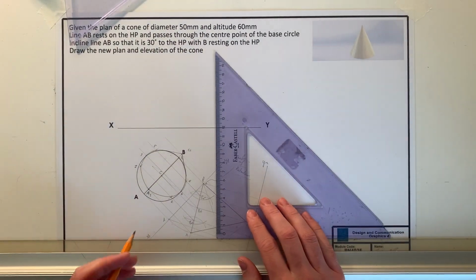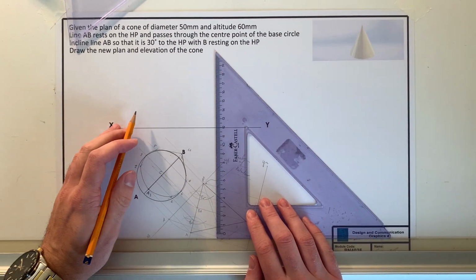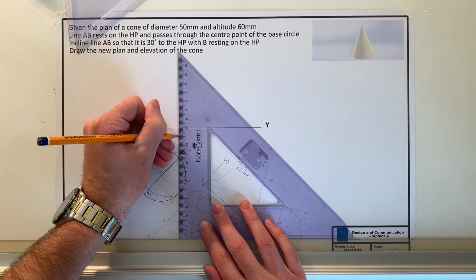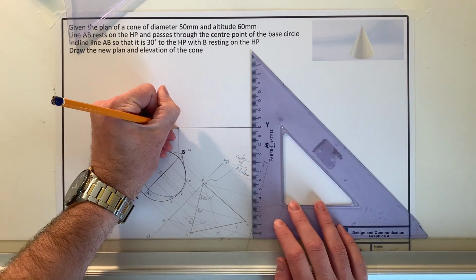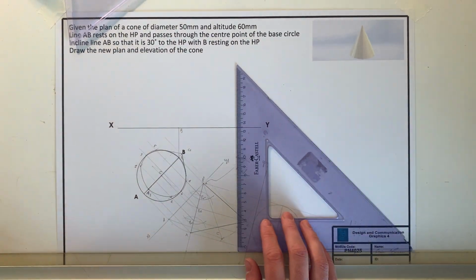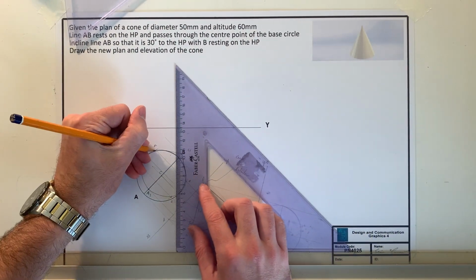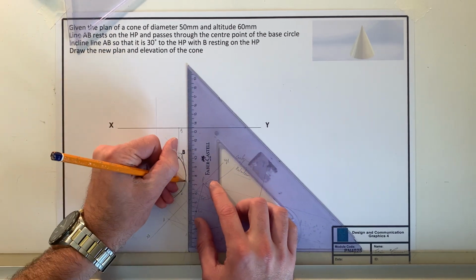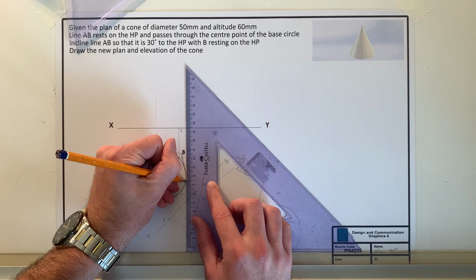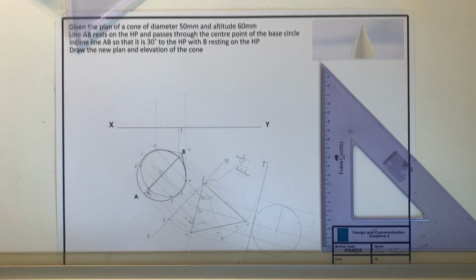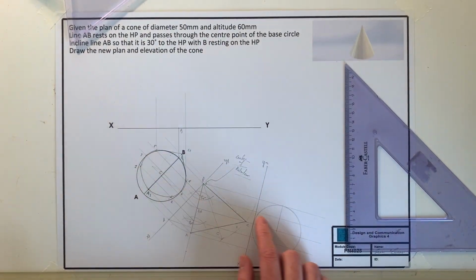Now you can take each one of the base circles up. I like to start with B, because B, remember, is touching the horizontal plane, so B is going to be sitting here. Then carry 5 and 6 up, like so. Get their distances back here.